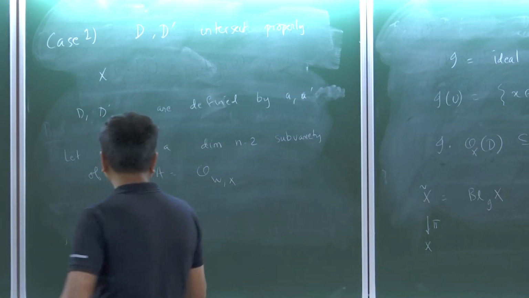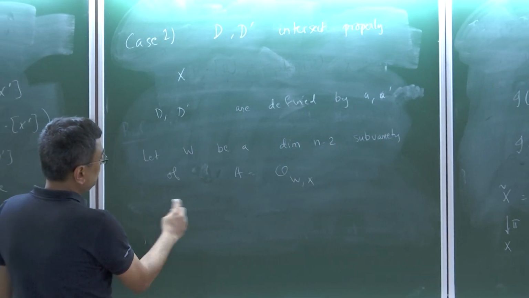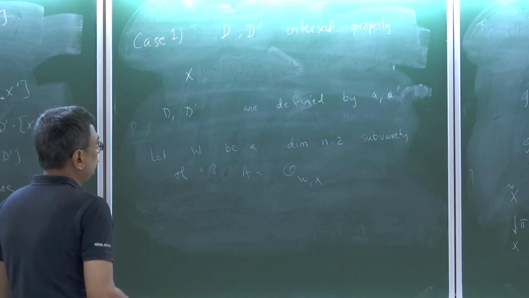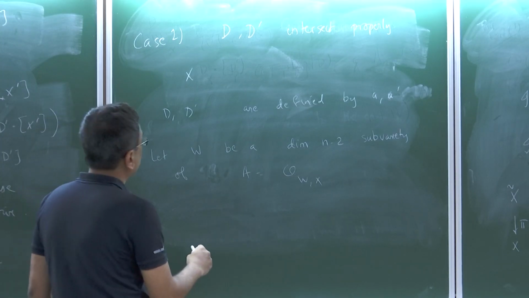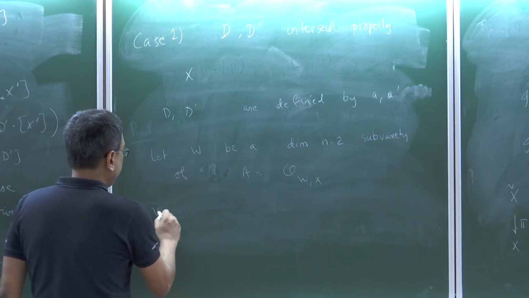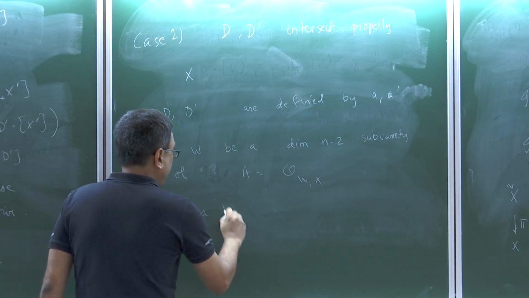And now A is this local ring. And let's say V is a height 1 prime ideal.